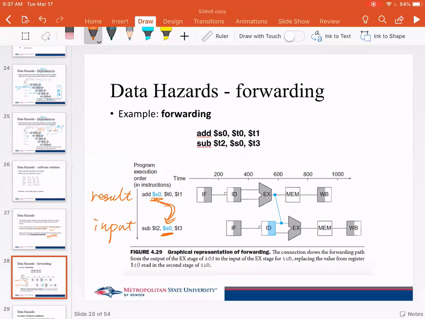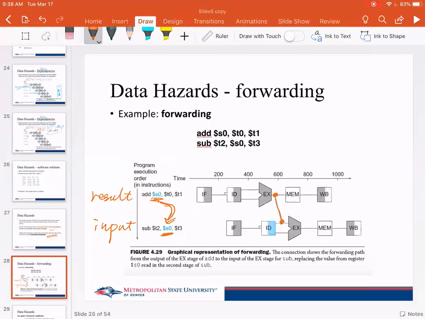Because we know the result is generated by the ALU, we just need one secret communication, passing the result from the ALU calculation to the ALU input. And what is that called? It is called forwarding, or bypassing.